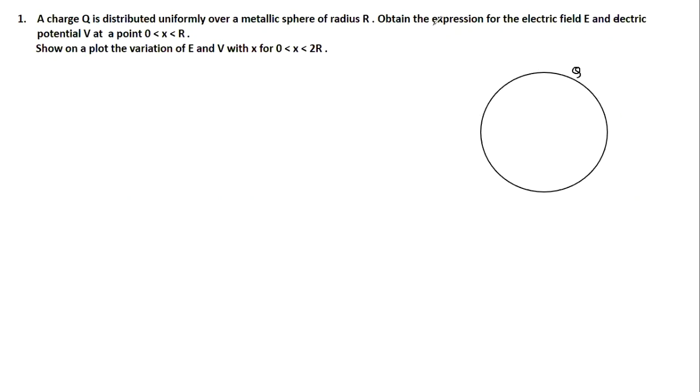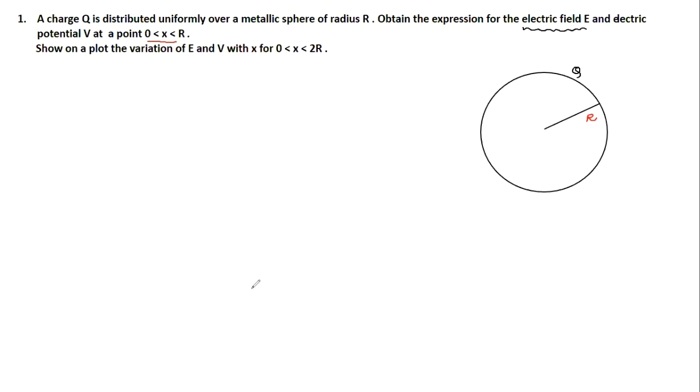You have to find out the expression of electric field E and electric potential V at a point 0 less than x less than r. That r is the radius, so let's give it a certain radius. This is the radius value, r. Our point is considered somewhere inside this sphere, as you can see from the condition 0 less than x less than r.